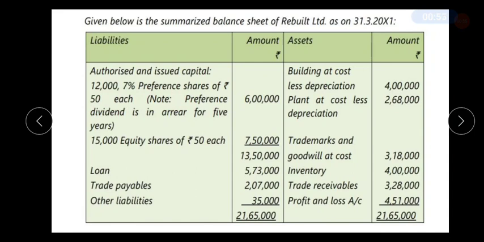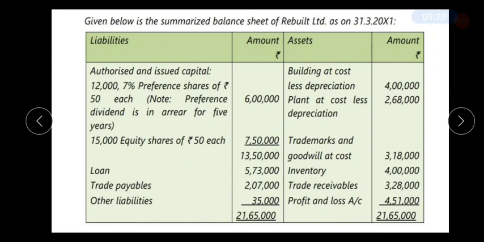Note, preference dividend is in arrear for 5 years. So that is 6 lakh. 15,000 equity shares of rupees 50 each, that is 7,50,000. Total 13,50,000. And you have a loan of 5,73,000, which is a long-term liability.